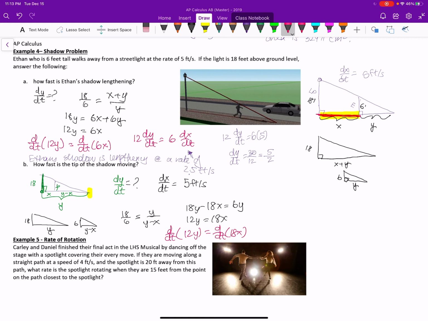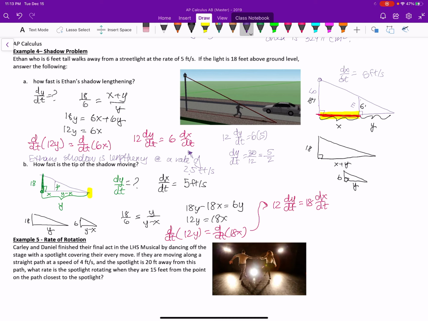So that's going to give me 12 dy/dt is equal to 18 dx/dt. I know what dx/dt is, and I have to solve for dy/dt.